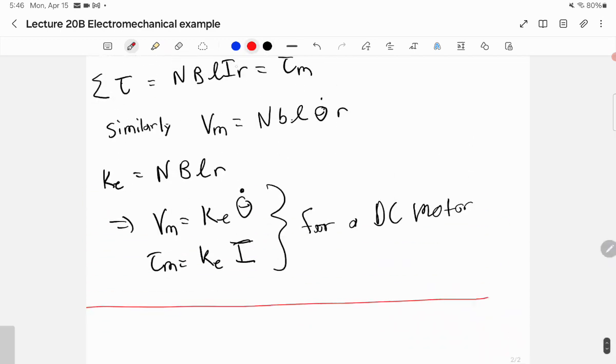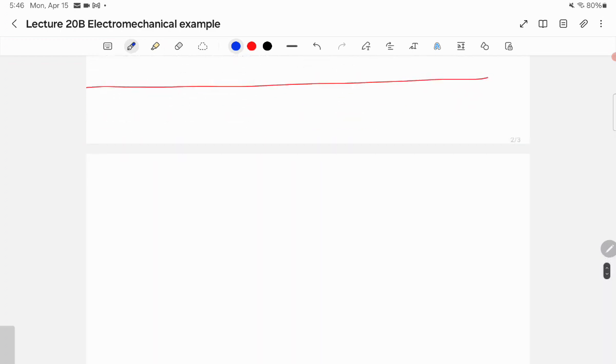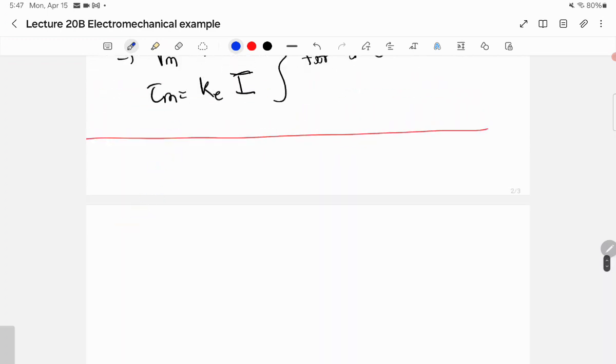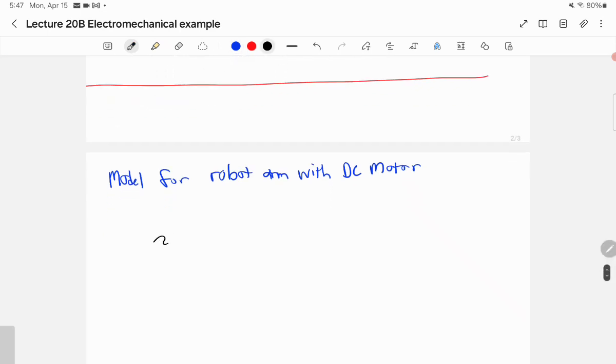Let's suppose that I have the following. So we're going to have a robot arm that is moved with a DC motor. So what's our model going to be? Well, it's going to be this.